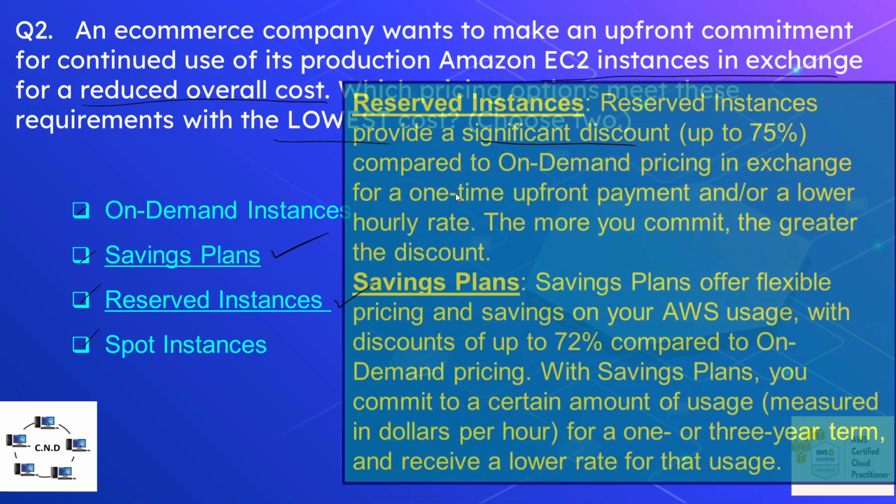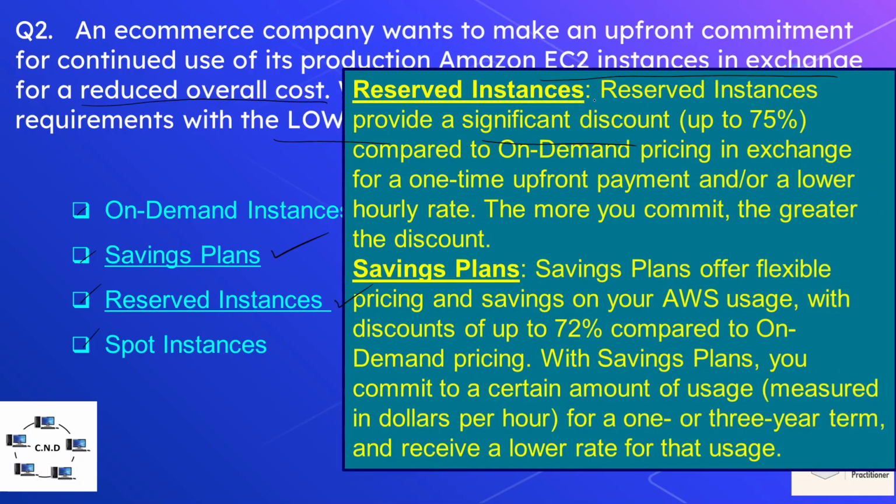So what are those? Reserved Instances provide a significant discount of up to 75% compared to on-demand pricing in exchange for a one-time upfront payment and or a lower hourly rate. The more you commit, the greater the discount.